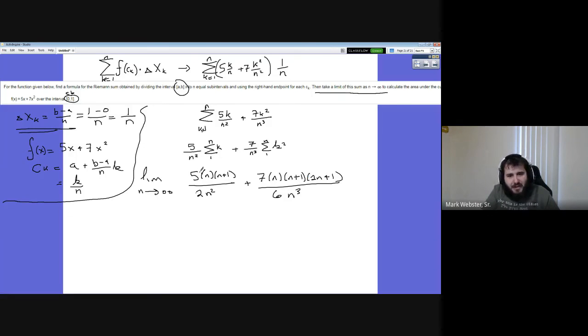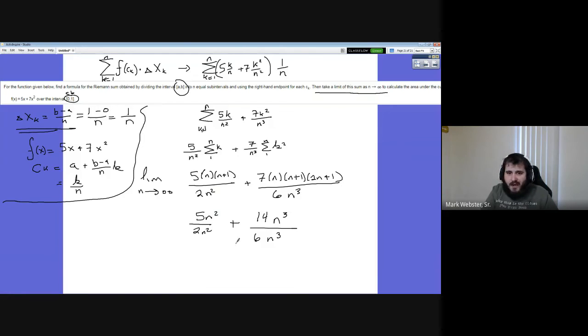So what we really have here is 5n squared over 2n squared, right? The plus 1 went away. Same thing here. The plus 1 goes away, and I'm left with 7 times n times n times 2n, so plus 14n cubed over 6n cubed.